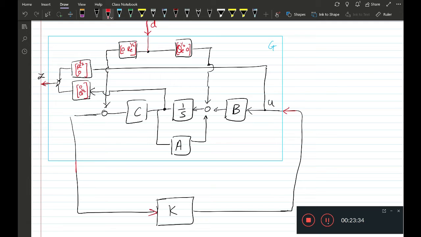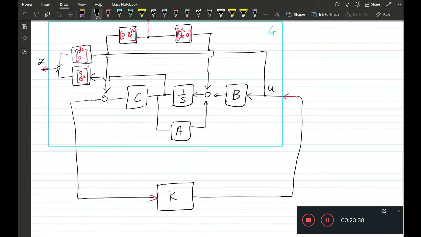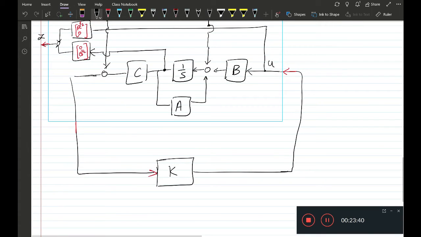We can check that by looking at the cost first.